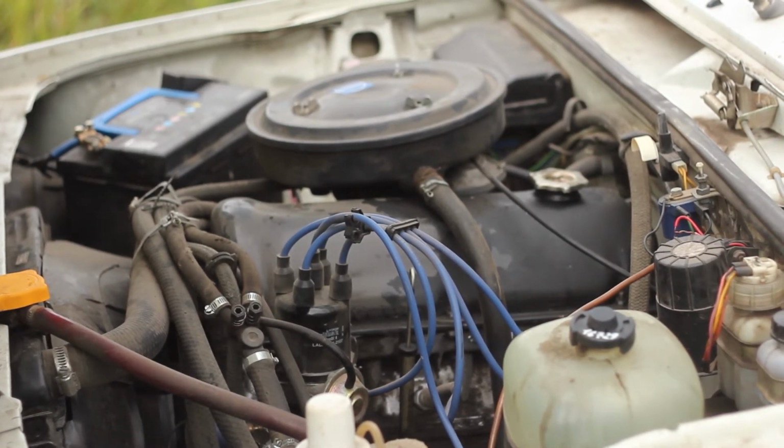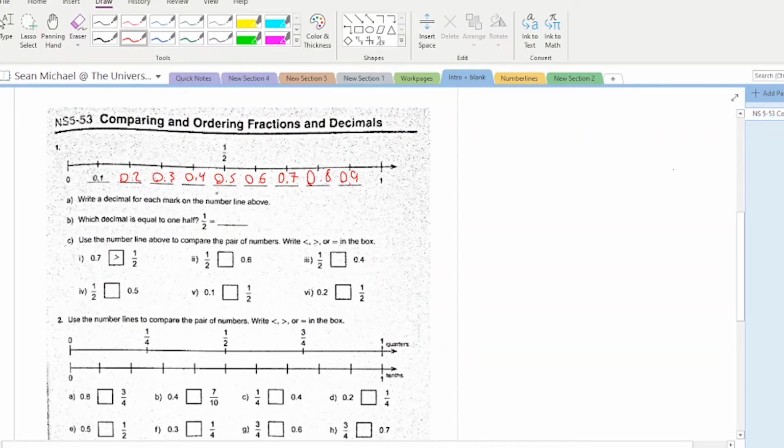So, what number in the decimals is equal to half? Well, it's 0.5. This is equal to half. There's a way that we can show that these are equivalent, because 0.5 in fraction form is 5 over 10. Let's show that.